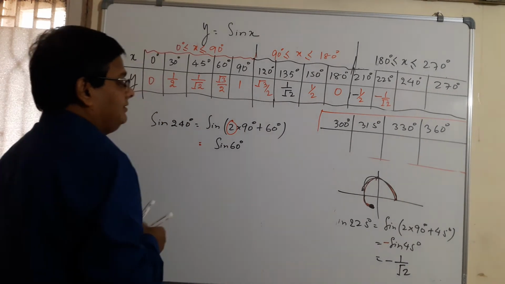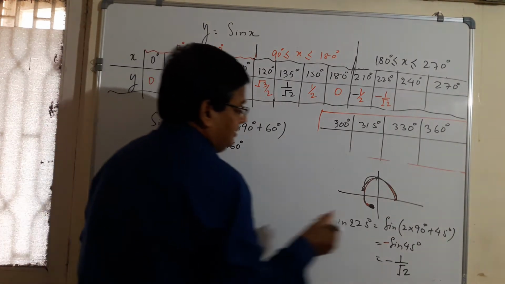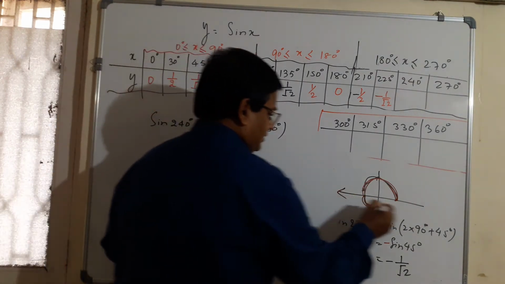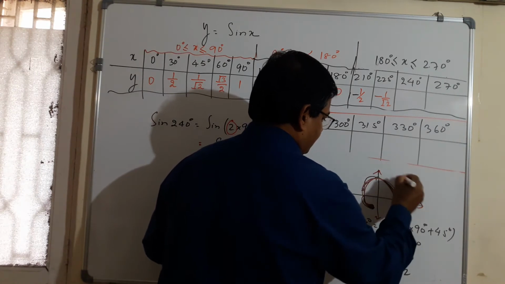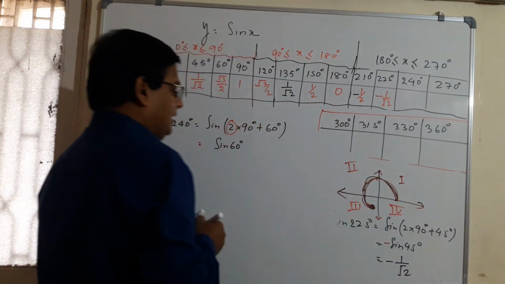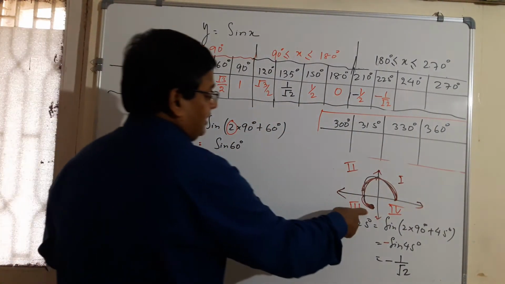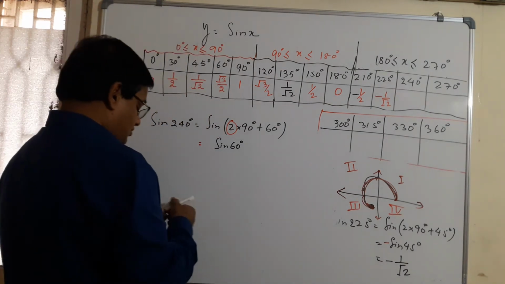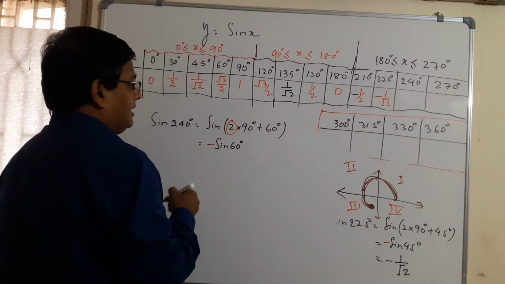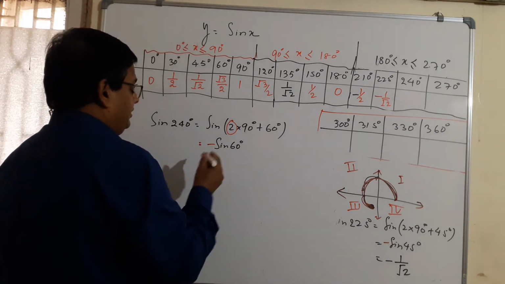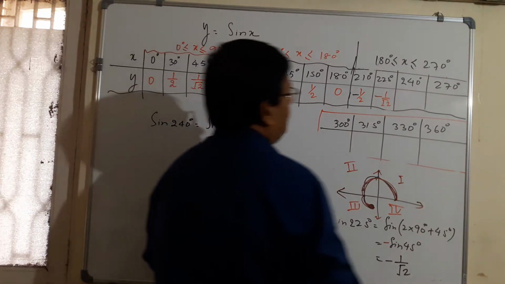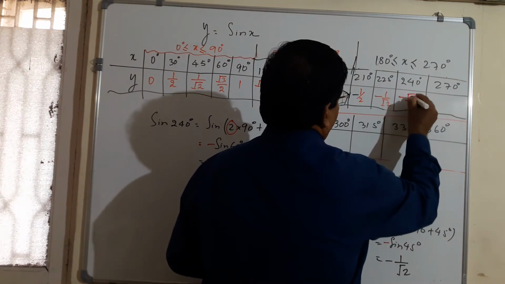Now which quadrant does it lie in? 2 times 90 plus 60 lies in the third quadrant: first quadrant, second quadrant, third, and fourth quadrant. In the third quadrant sine is negative, so put a negative sign here. Sine 60 degree is root 3 by 2, so the value is minus root 3 by 2.